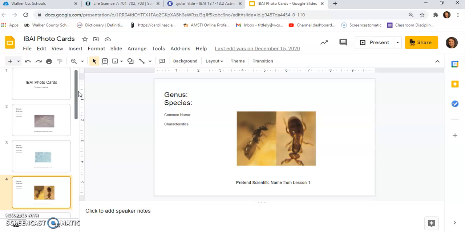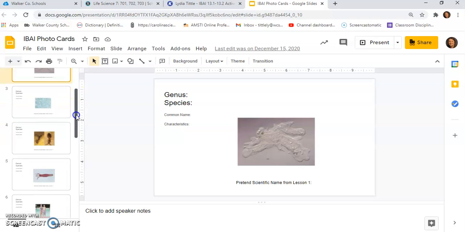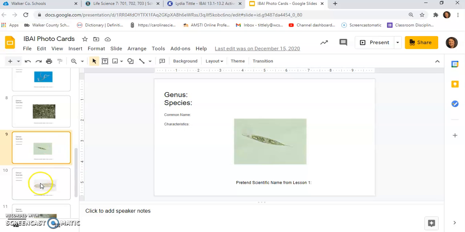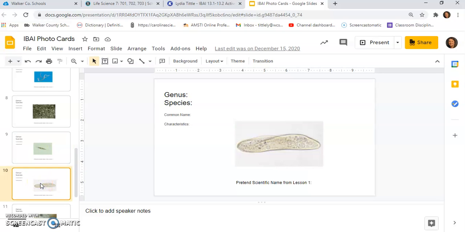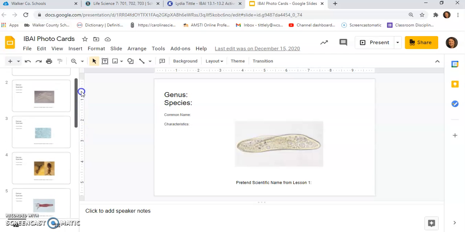Okay, another kingdom we have represented here are the protists. And for the protists, we have the amoeba, the euglena, and the paramecium. So choose one of those as your second organism. For your third organism, another kingdom we have represented are the fungi kingdom.